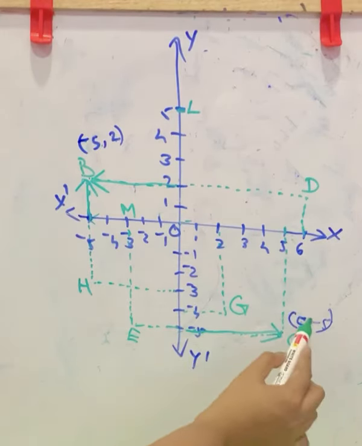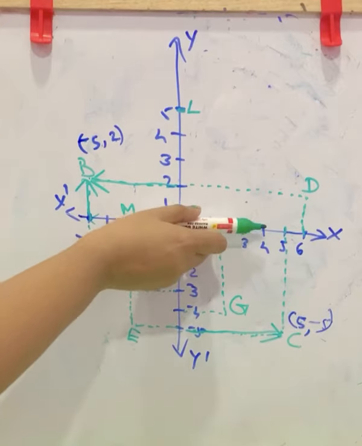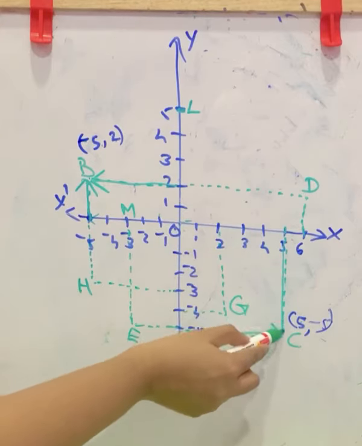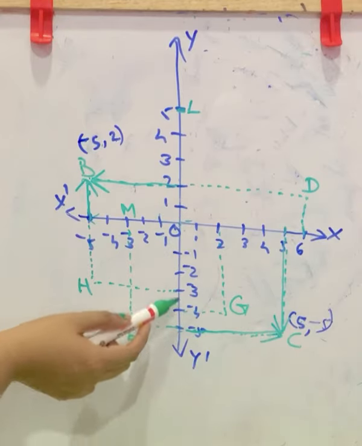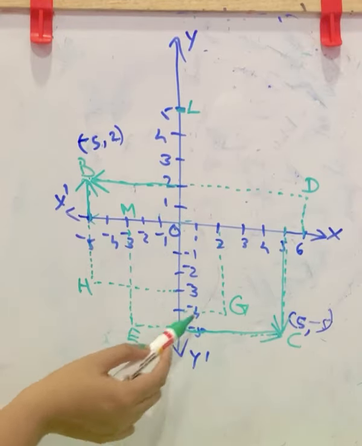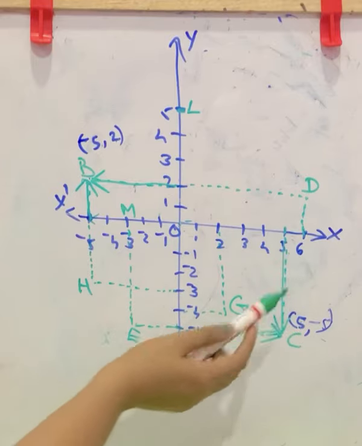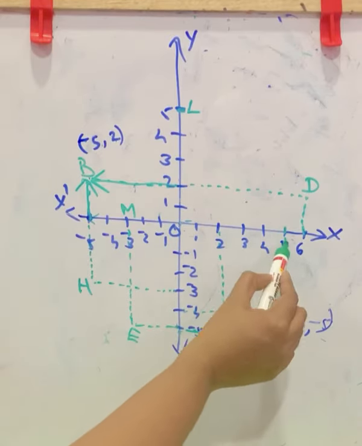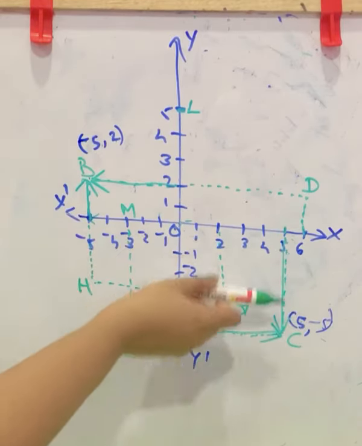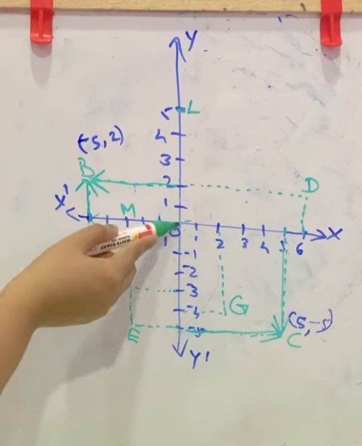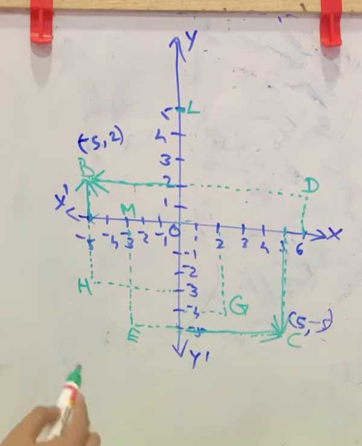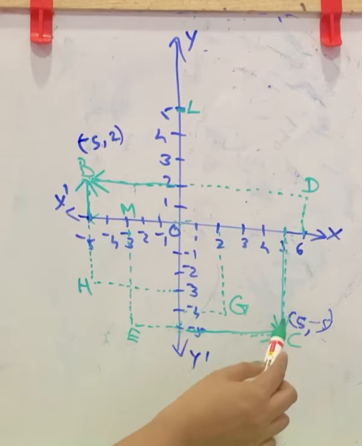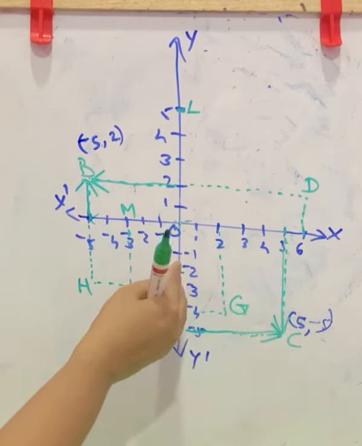Next is the height. For this value you consider this gap, that is -5. Don't consider this because it is not the height. This is the height. For that you check the y-axis, that is -5. So -5.